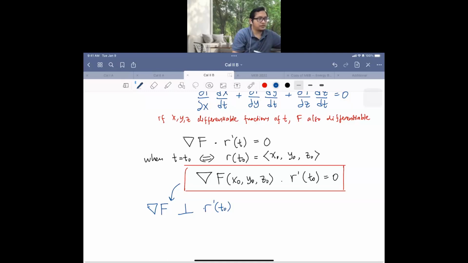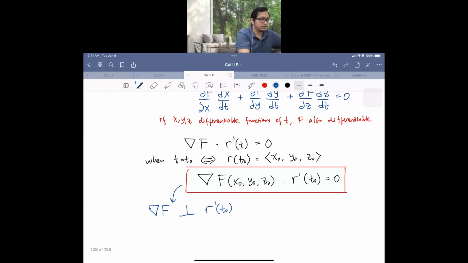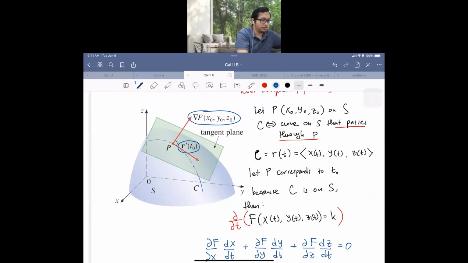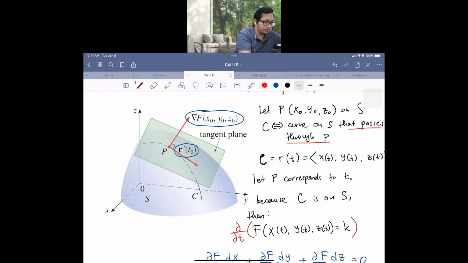At any point on the curve C, if we take another point here, we get a similar property: the gradient vector and the r prime are always orthogonal, always perpendicular.